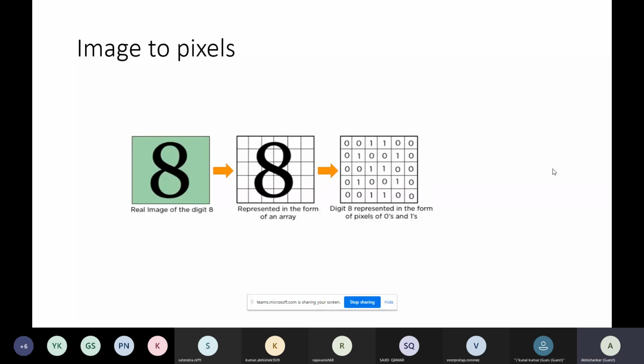Wherever there is a black spot, we encoded it as 1, and wherever there is a white shade, we call it 0. This digital form of the image will be the input for your neural network.